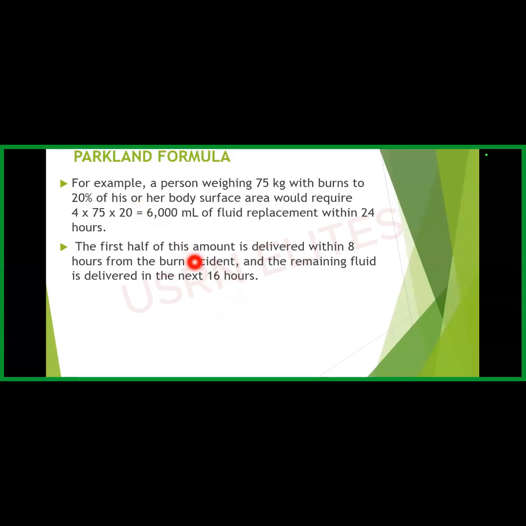With this one, 3,000 should go in the first 8 hours, then 3,000 mils will remain. If you want to know the flow rate for the 3,000 in the next 16 hours, you divide 3,000 by 16. Then you get the actual flow rate. So they can play around with this. Just know what you're doing and understand it. Any question on this one?